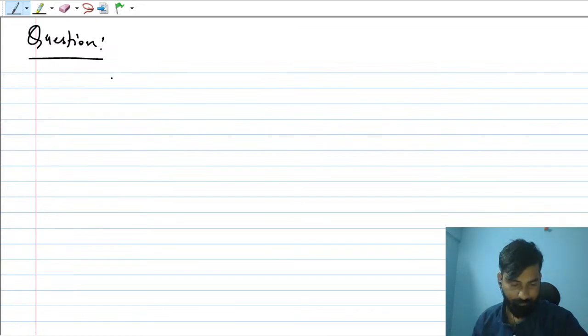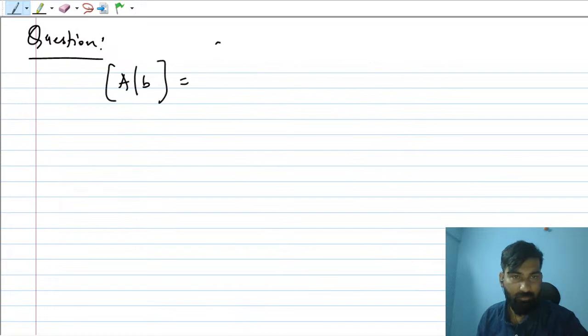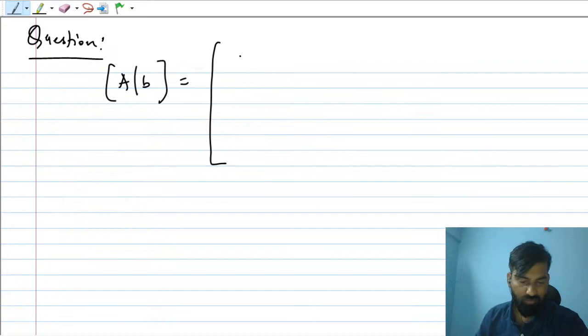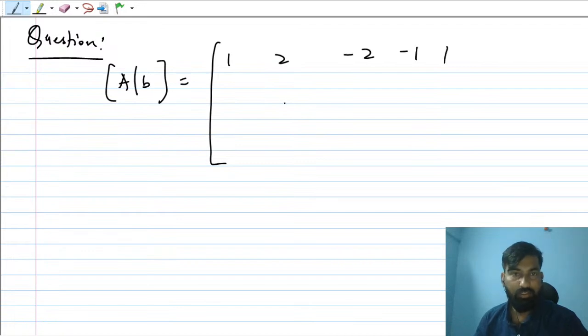Suppose we have got the matrix A. I am directly writing the augmented matrix, and it is a very big matrix this time. So we have to solve the system of equations Ax equal to b with 1, 2, minus 2, minus 1, 1. This time they have given a very big one: 2, 4, minus 4, 0.